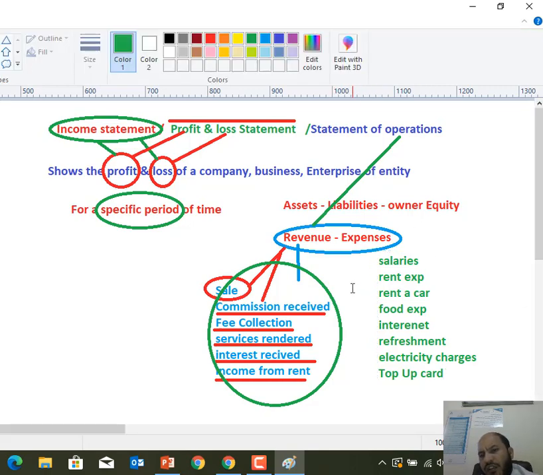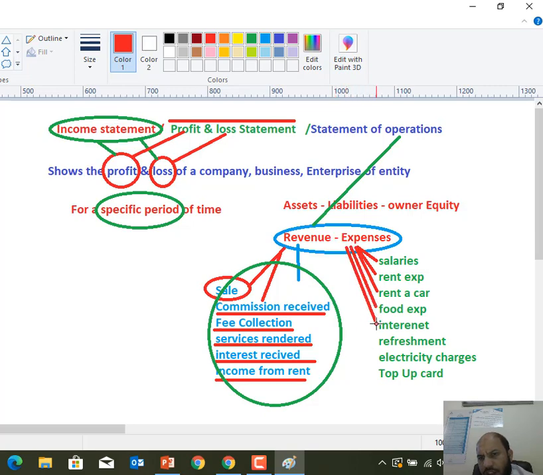So see, these salaries accounts, the rent accounts, the rent a car accounts, all of these are business expenses. So see, these are the different types of business expenses. We have many expenses in this business, and each and every expense has its own title.